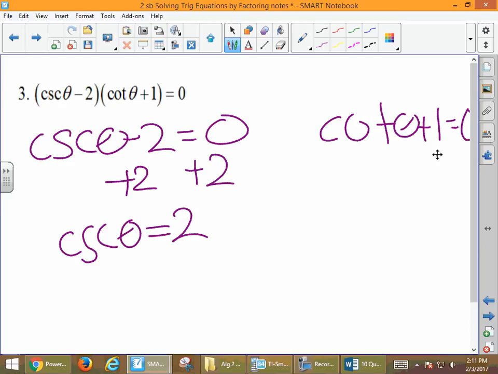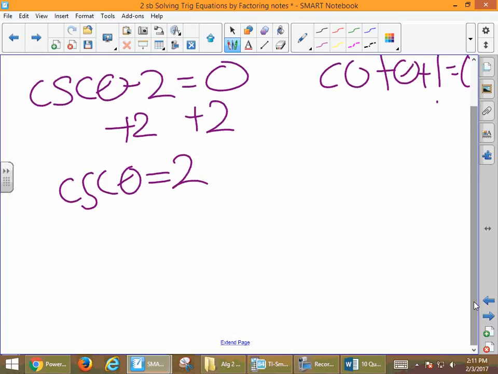So I try to think of the reciprocal. And so what's the reciprocal of cosecant? Sine. And so we have sine of theta equals the reciprocal, which is the flip version of 2, so it's going to be 1/2.